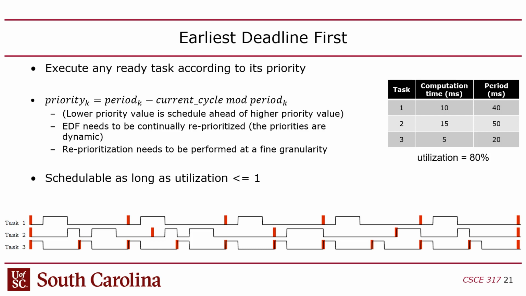So the priority then for earliest deadline first is, the priority of task K is basically the deadline, right? But what's the deadline? The deadline is the period minus the current cycle modulo the period.